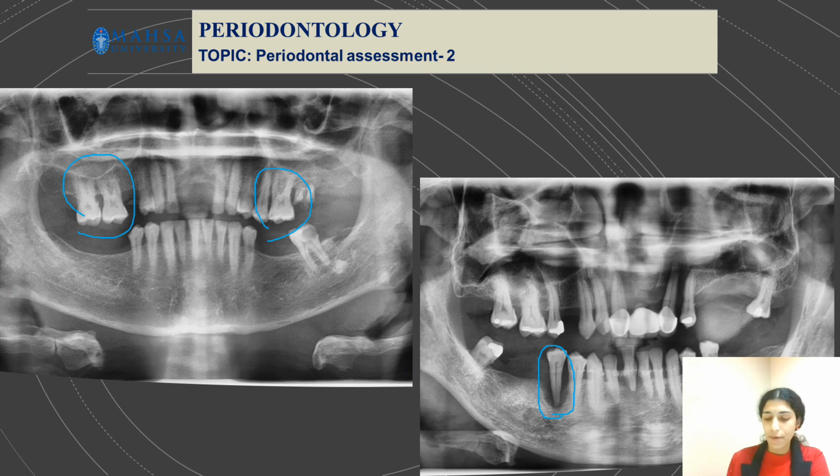So all these are classic examples of hard tissue abnormalities like proximal contacts, traumatic occlusion, drifting of the teeth, pathologic migration, and alignment of teeth. All these things need to be thoroughly examined.